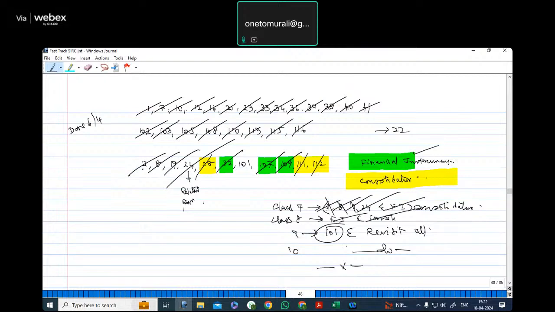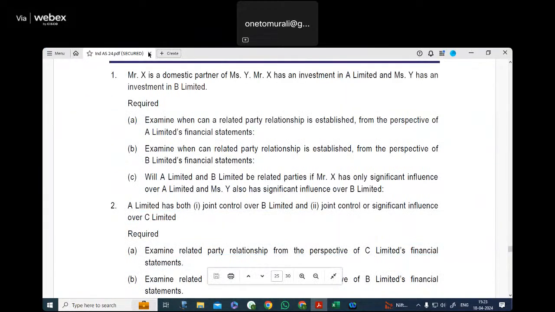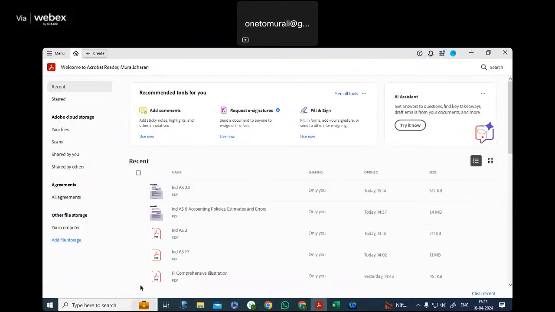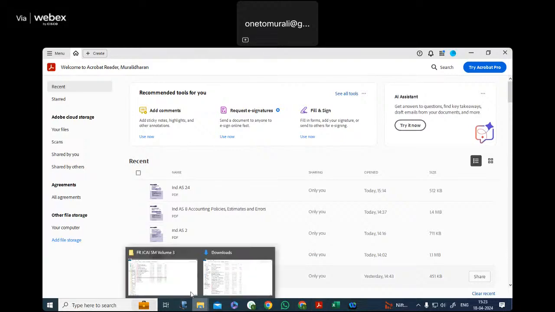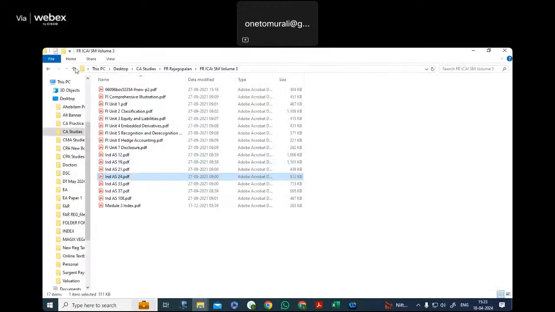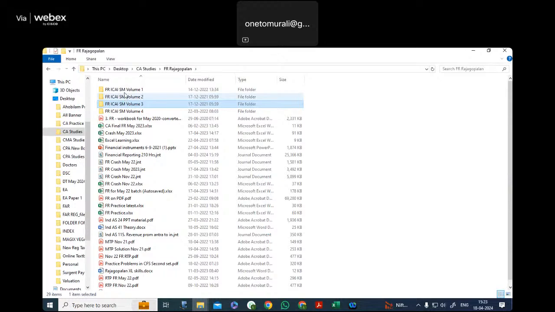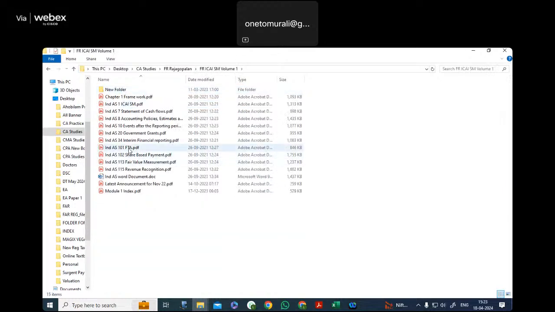Ind AS 24 is getting over. Now, the one and only item that we have not yet taken up is Ind AS 101, first time adoption. Now, let us take up first time adoption.